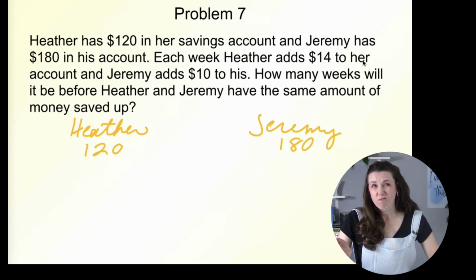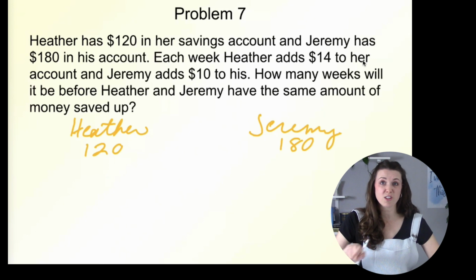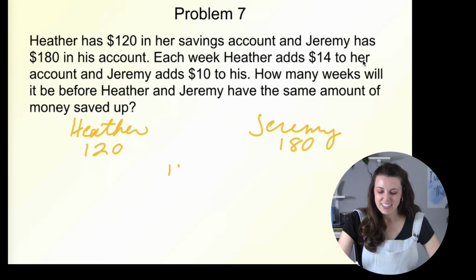So I know that it's going to be more than one because if you look at the difference, Jeremy is $60 ahead of Heather. So you could go week by week, but I'm going to just do a bunch of weeks at once. So I'm going to say 10 weeks, okay? So if Heather's doing 14 a week and Jeremy's doing 10 a week, 14 times 10 is 140, right?